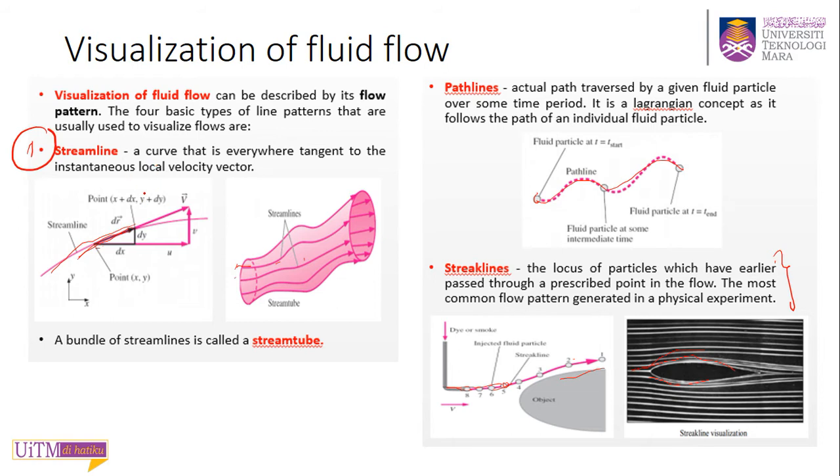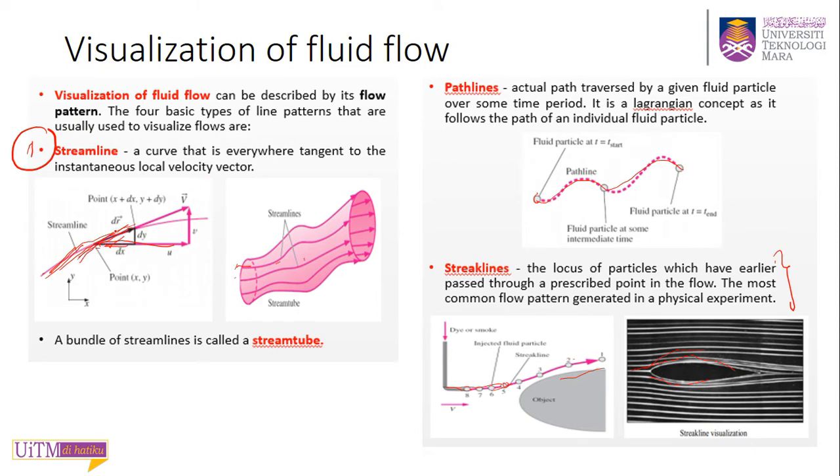So what is a streamline? A streamline is a curve that is everywhere tangent to the instantaneous local velocity vector. I already wrote and labelled it here. So this is tangent to the velocity, for any fluid velocity you have in the x direction, in the y direction.